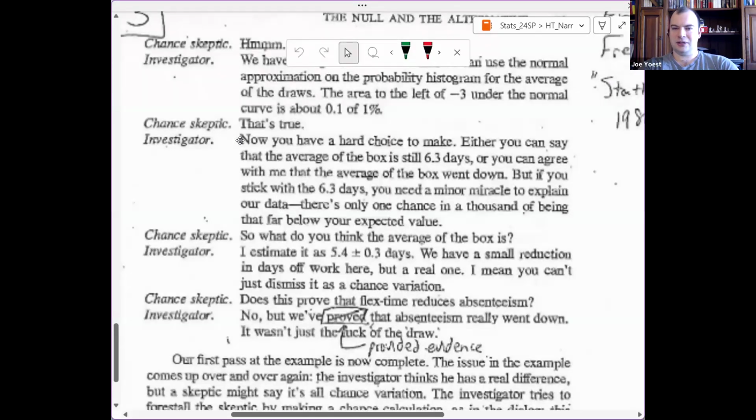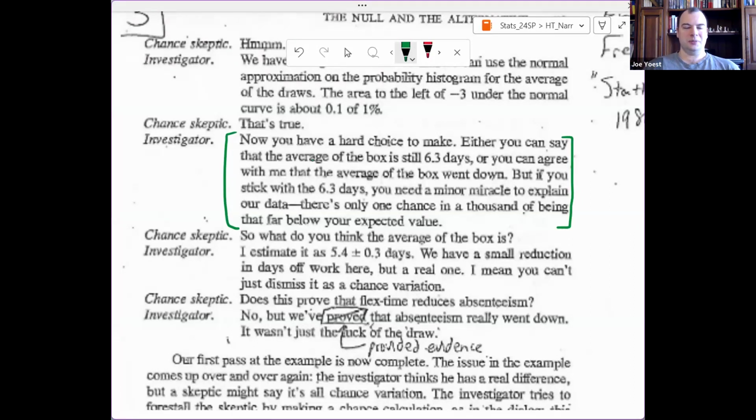I can't select it. It's because it's in OneNote, not in Adobe. But the crux is really right here. This idea that to explain this by sampling error would require it to be something that happens 1 in 1,000 times.